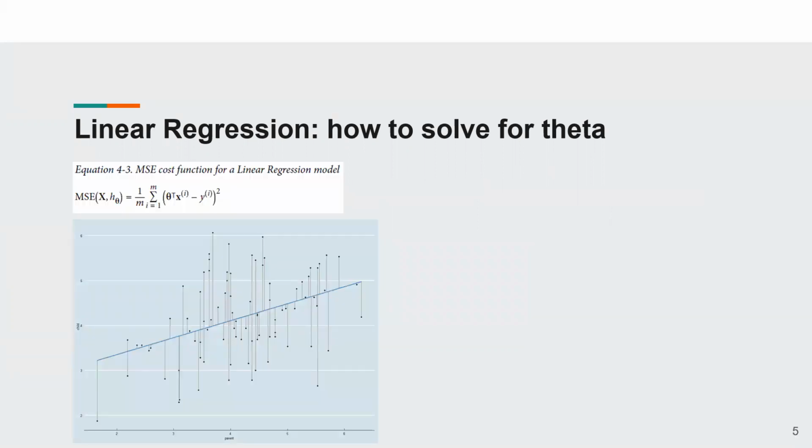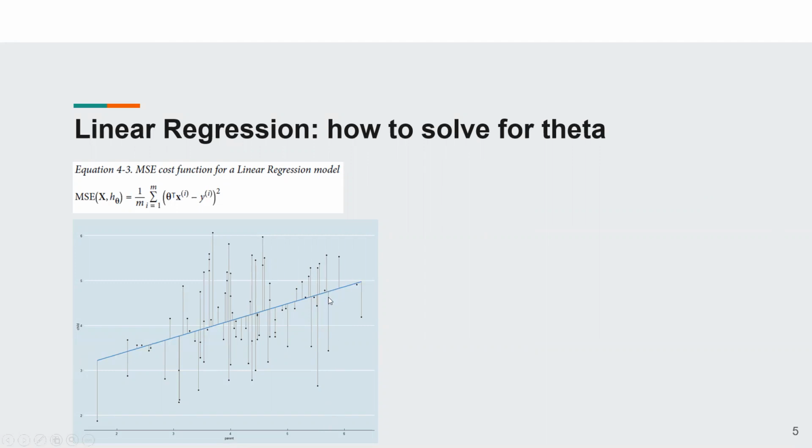So this graph gives you a better illustration of that mean squared error. Essentially what we're trying to do is use our linear regression line to get an estimate for this specific x, and it's going to be there.